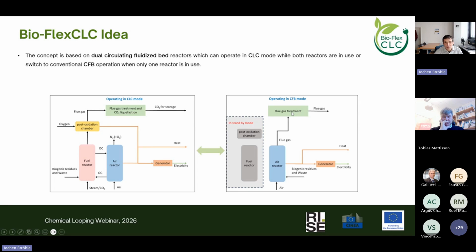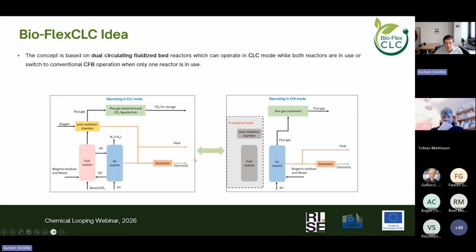CFB stands for Circulating Fluidized Bed Reactor. This is a conventional system for producing heat and power. And on the left-hand side, you can see a chemical looping system. And this has a particular similarity that it's also working with CFB.